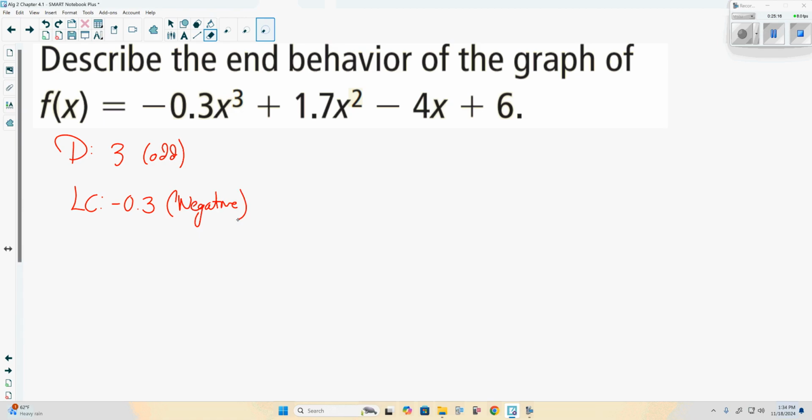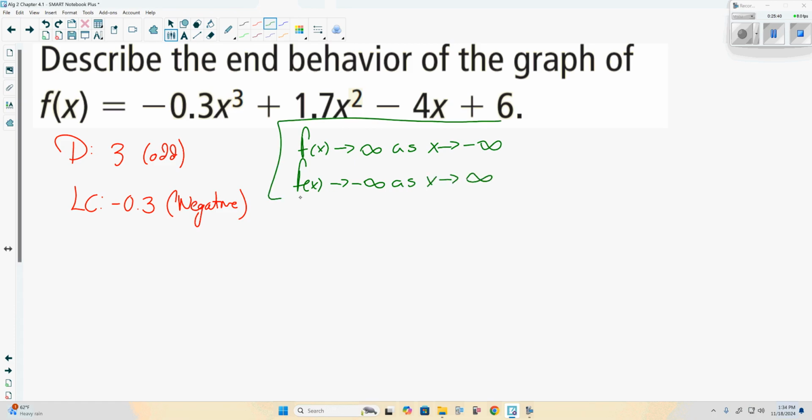If we go back to the chart, odd and negative will tell us that f of x approaches positive infinity as x approaches negative infinity. And f of x approaches negative infinity as x approaches positive infinity. And again, we're just pulling that data straight from the chart.